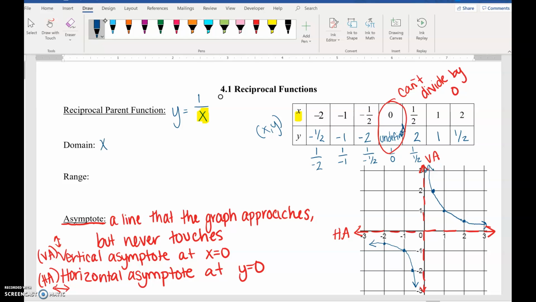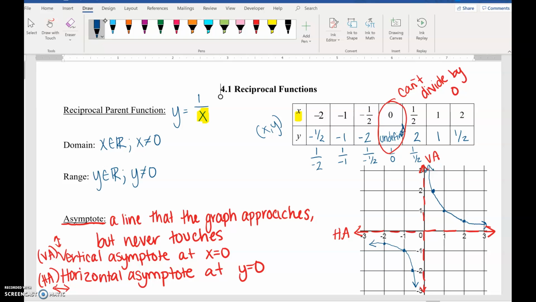So we're going to write it as x is an element of all real numbers, and x cannot equal 0. So it's any other number except for 0. And then it's the same for the y. The y was all real numbers. We just can't make this function equal 0. So y cannot equal 0.